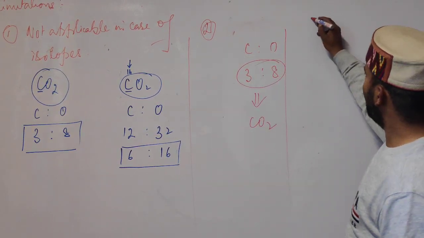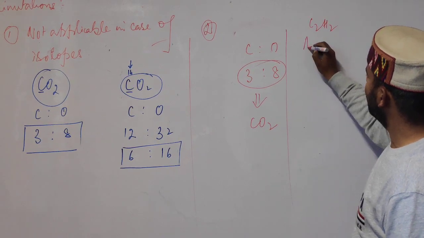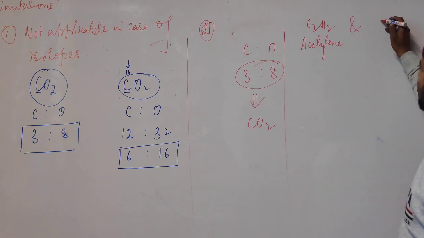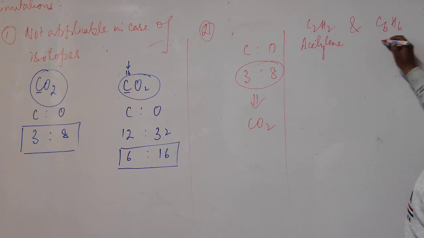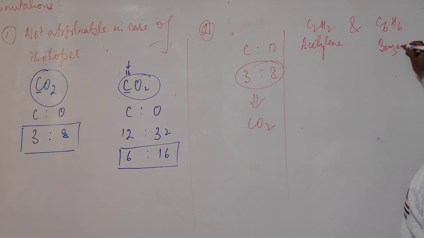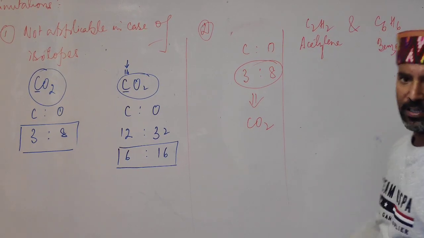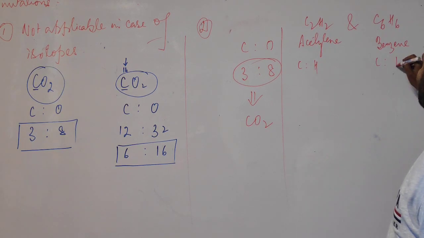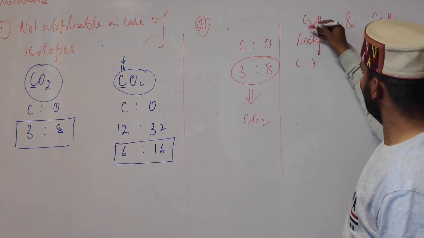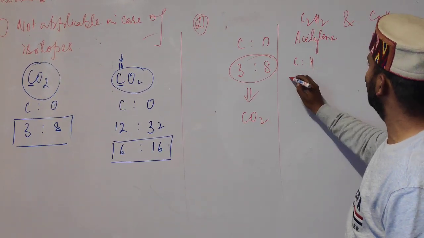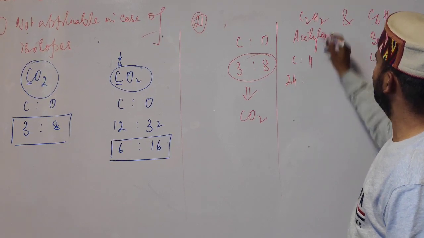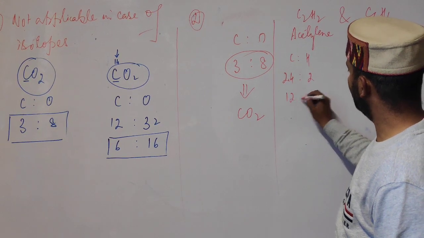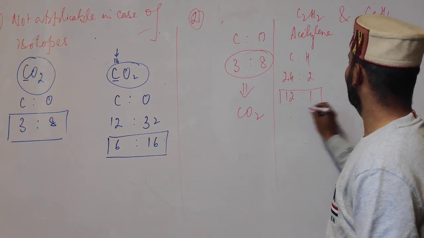I have C2H2, which is called acetylene, and then we have another compound, C6H6, which is benzene. Now students, these are two different compounds, but the constituent elements in both are the same, and the ratio in which they combine is, here we have 24 gram carbon and 2 gram hydrogen, and simplification gives 12:1.